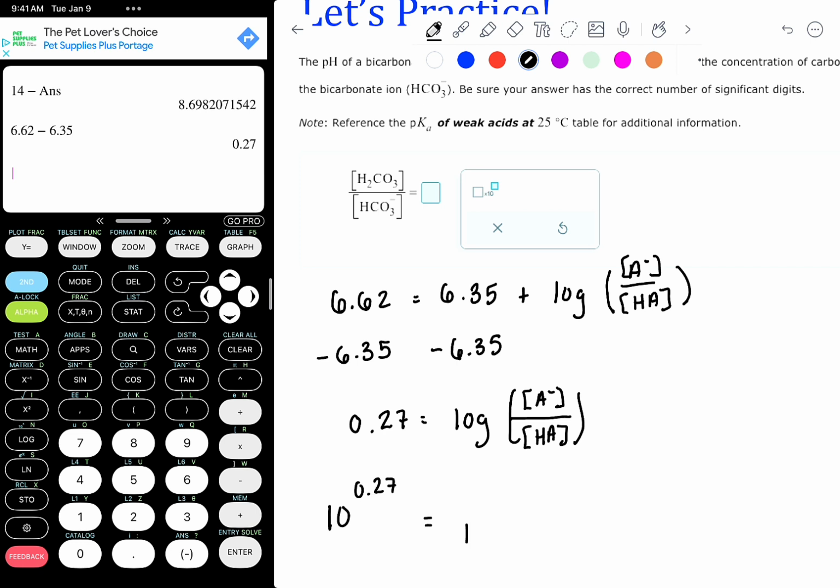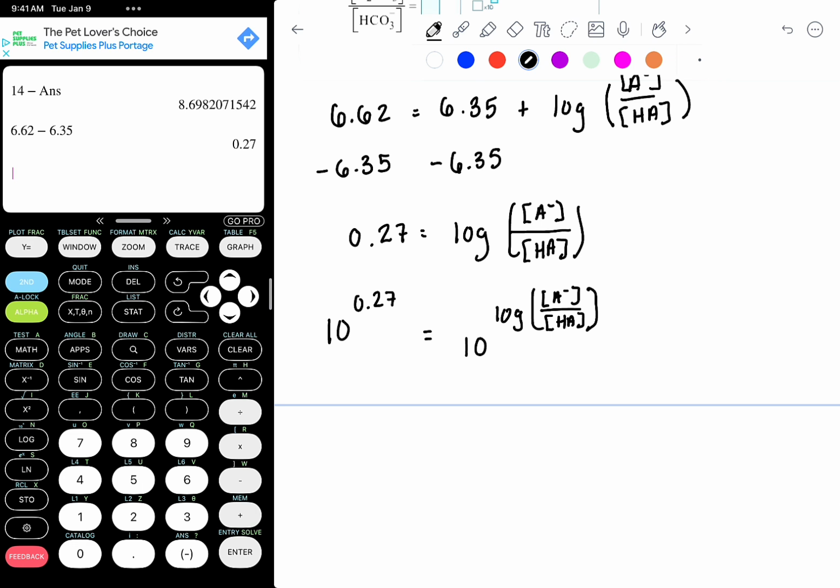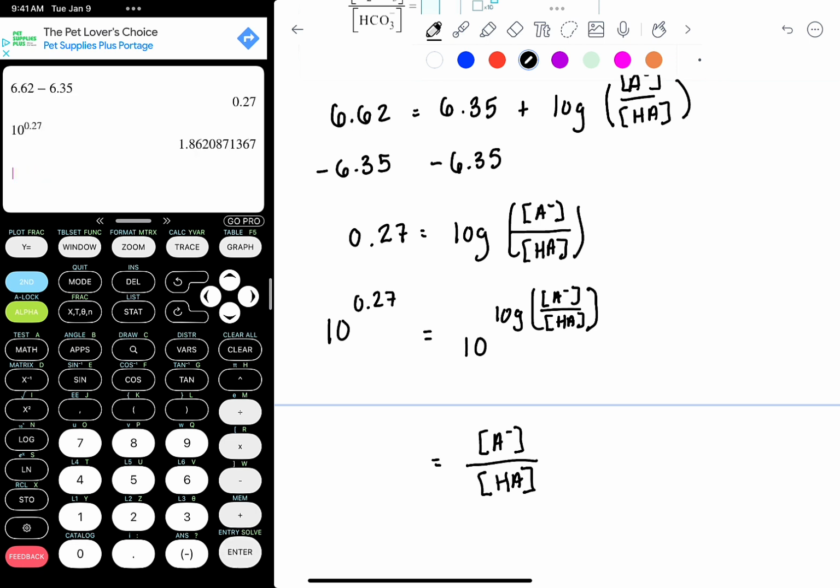And here, if you do 10 raised to the log of the A minus over HA concentrations, you essentially get out that the A minus concentration over the HA concentration is equal to 10 raised to the 0.27, whatever that value is, that 1.8621.